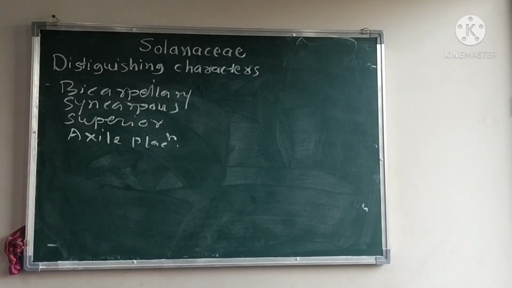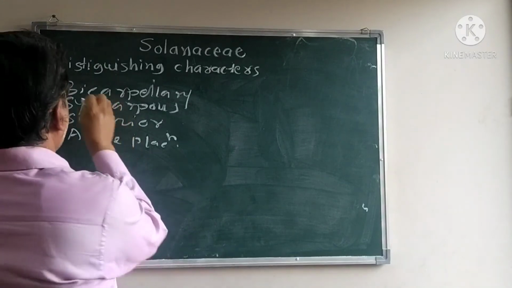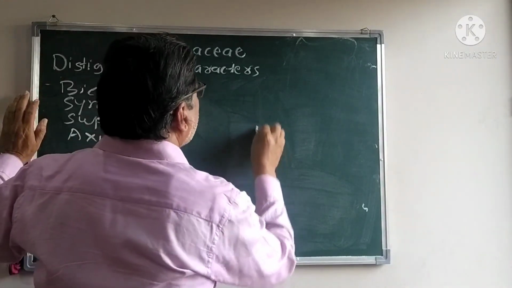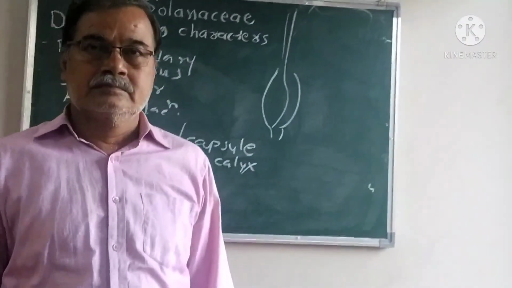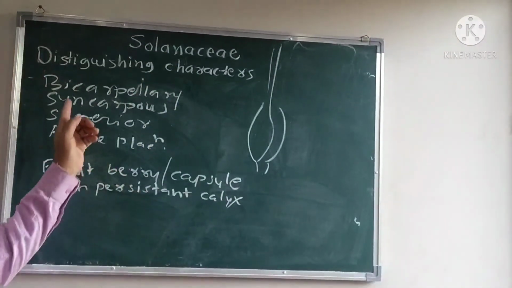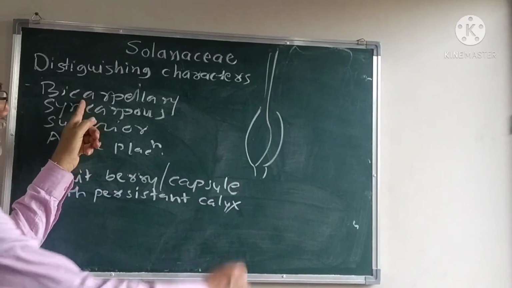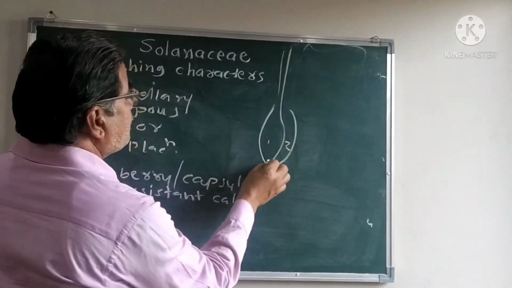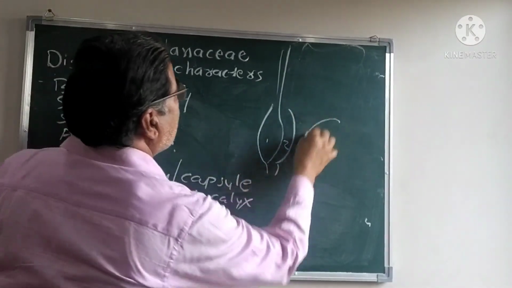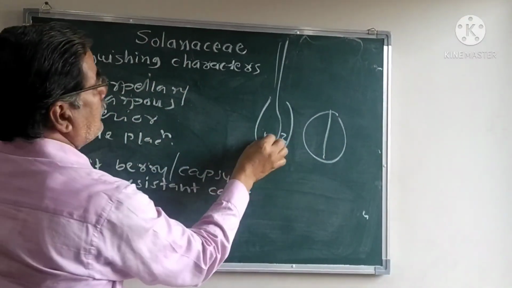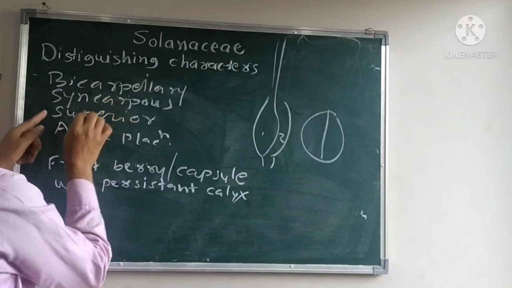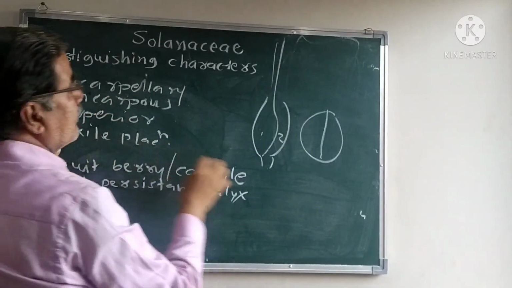See here, bicarpellary means there are two carpels in the ovary. They are fused to each other, forming the two carpels. Syncarpous means the two carpels are fused to each other. Superior ovary and axile placentation.